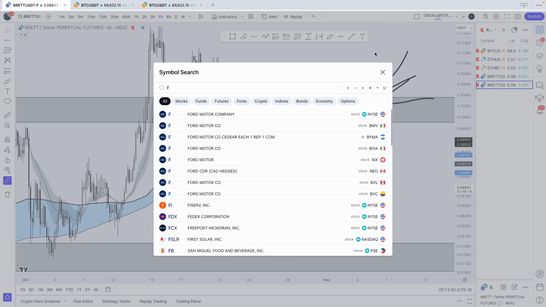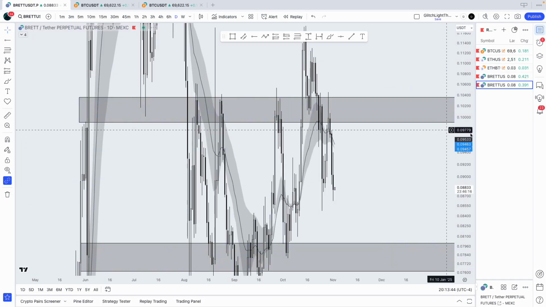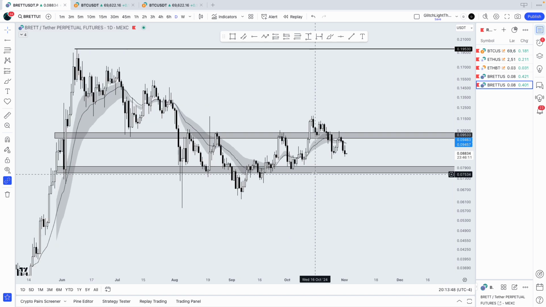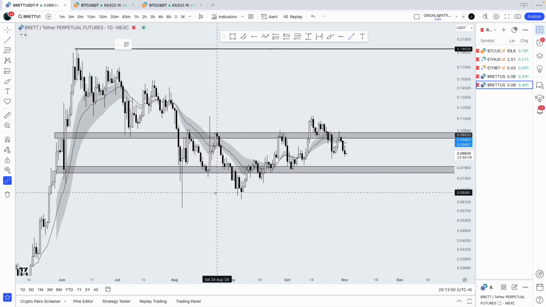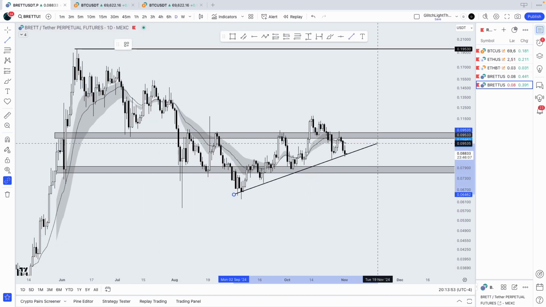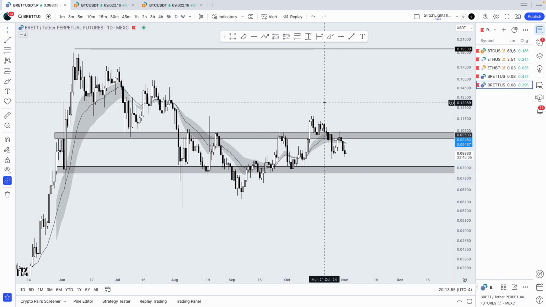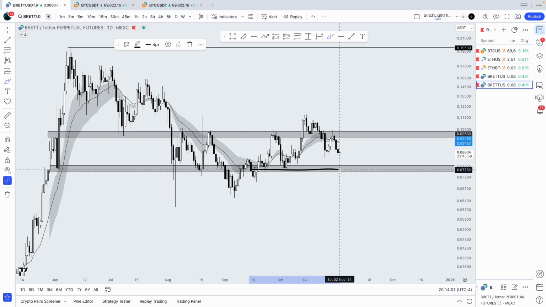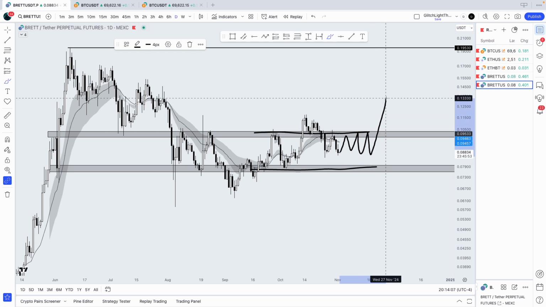Now, if you're just buying to hold in hopes that it goes up, if you just want to draw a random trend line, something like this, who knows. Basically, you don't want to see this consolidation here break down, in my opinion. Ideally, see consolidation and then breakout and continuing higher.